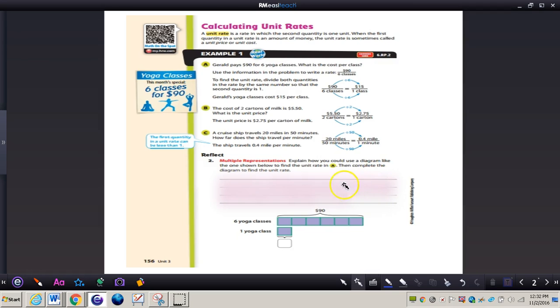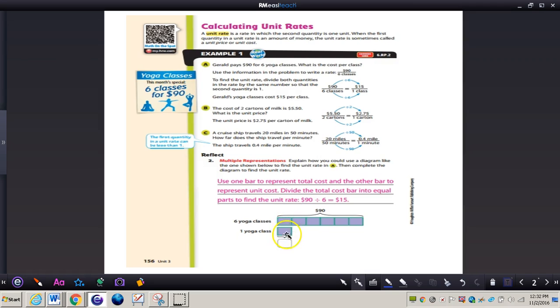So we can see, and you don't have to use this. This is just an idea that you can use. So we're not going to look at this in depth necessarily. But it says use one bar to represent total cost and the other bar to represent unit cost. Divide the total cost bar into equal parts to find the unit rate. So we can see 90 divided by 6 equals $15.